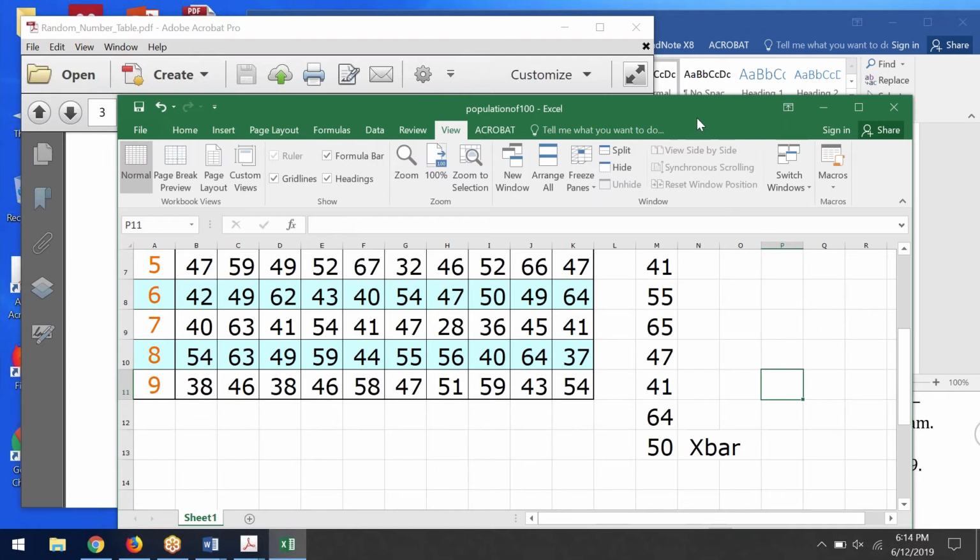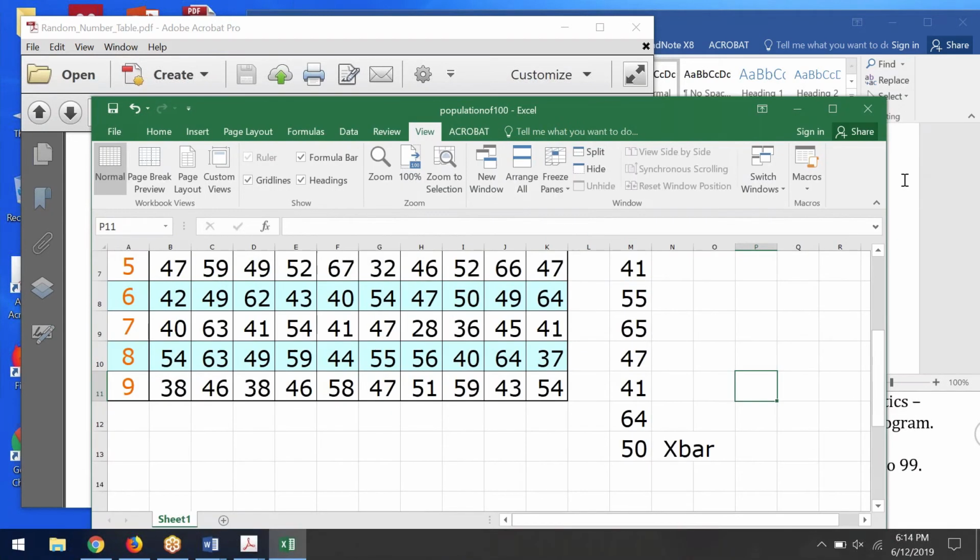Okay, how about you guys? Guys, I need you to type into the box. I need some results from you guys for sample size 9. So I'm counting on you guys to help me out with this.